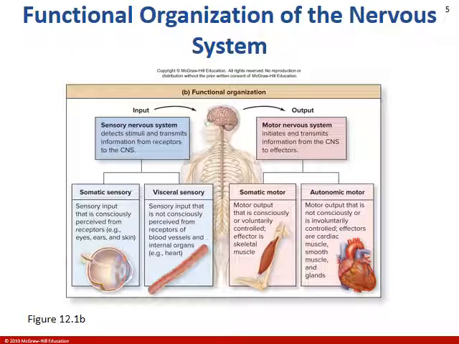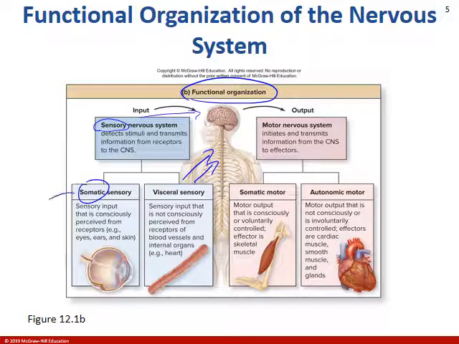This figure is showing you kind of a map or a flow of the functional organization. We can see the sensory information is traveling to the brain. So from the body, somatic means body, we can have a body message, so coming from the eyes, the ears, the skin, or we can have a visceral message, which is coming from some sort of internal organ, something that's more deep in the body.